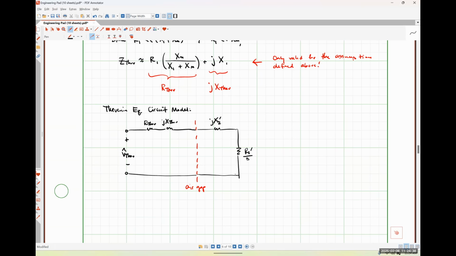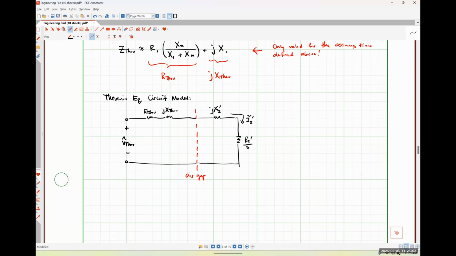So much less gross than what we were actually using for our transformers. I just want to indicate here that this is our current I2 prime. And so what I want us to do now is figure out those power relationships and all of that kind of stuff using this equivalent circuit model.